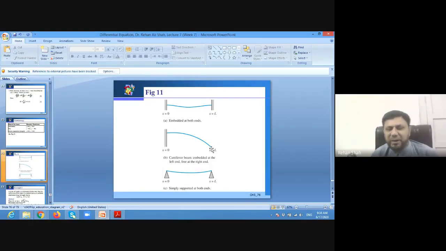It means one end of it is on the ground, and the second end is fixed at some position with x equal to 0. Is it clear? Okay ji. And the third one is when the two ends are on some support. So these are the three types.